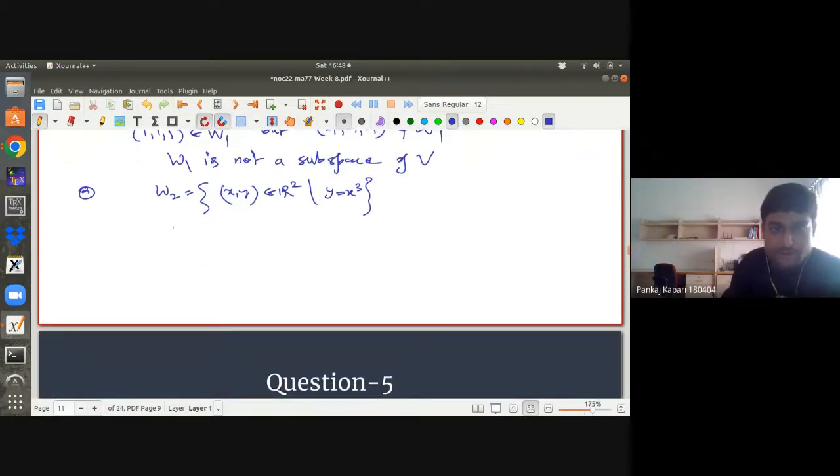Let's find out. First, find some element of W2, that means two numbers which satisfy this equation. We can take (1, 1). Note that (1, 1) belongs to W2. Why? Because 1 is equal to 1 cube.